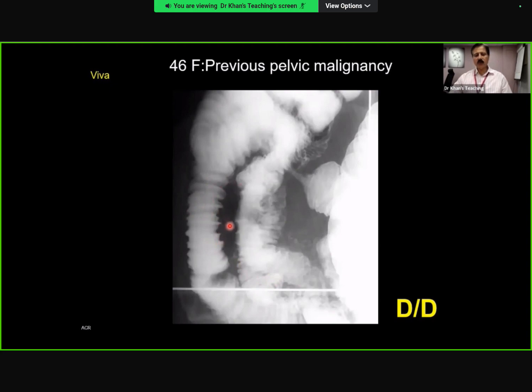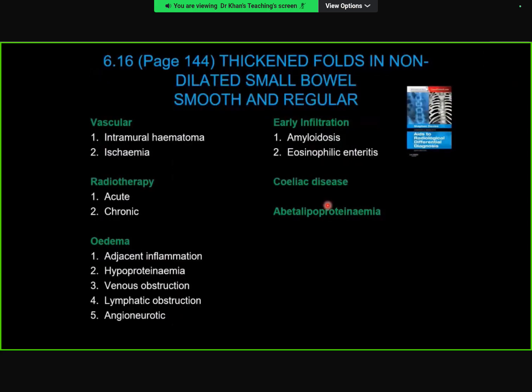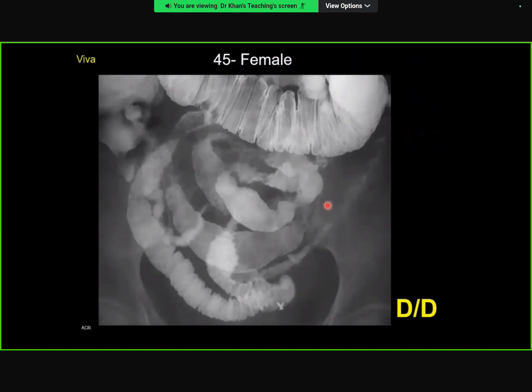And then there will be chronic changes where you will see fibrotic stricture. Now, post-radiation change has come in the exam again and again and again. And in this particular case, you can see that there are long segment strictures. Candidate 12, do you think that these are malignant strictures or benign strictures? Appearance-wise, I mean to say.